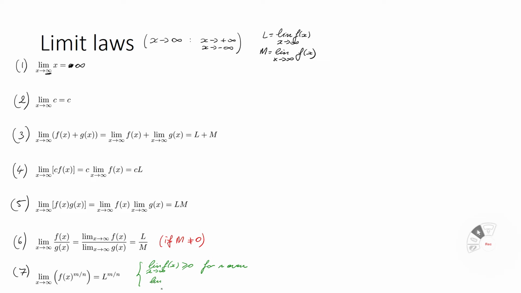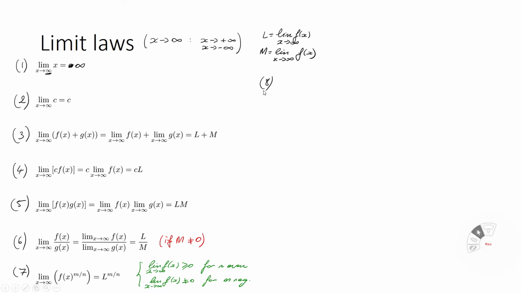And the limit of f of x, x going to infinity, should be different from 0 for m negative. And then there are a couple more that I haven't summarized already that we can briefly consider.